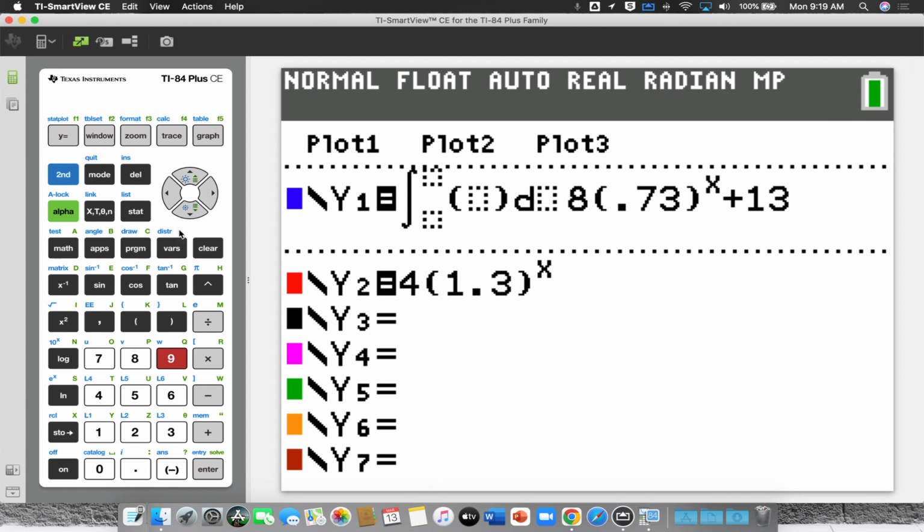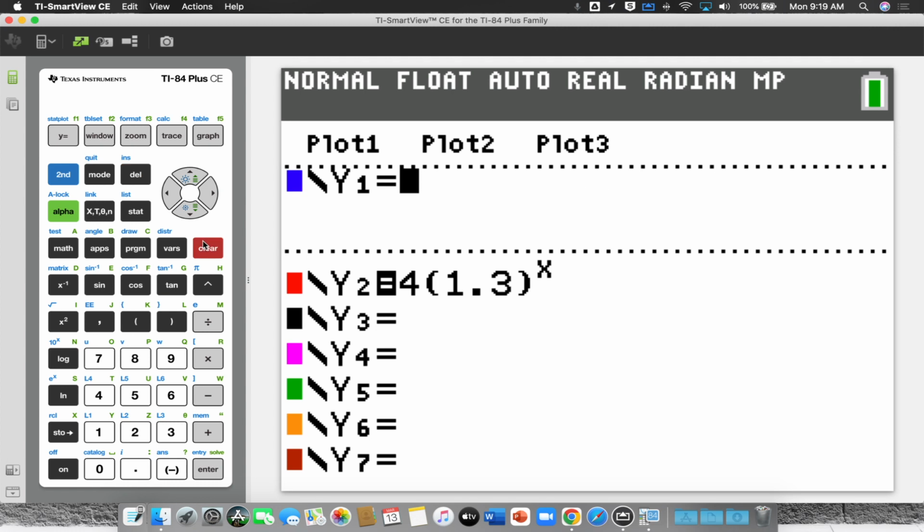Oops, I have to put in h of t again. Negative 8, parentheses, 0.73, plus 13.